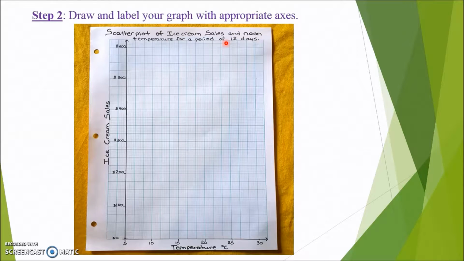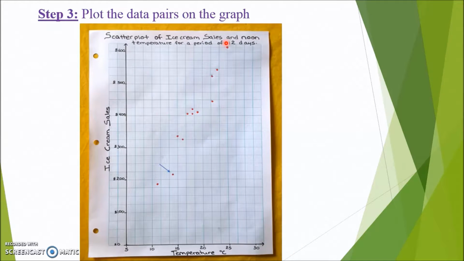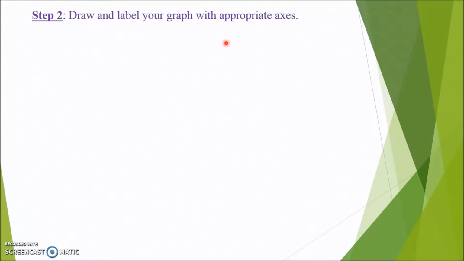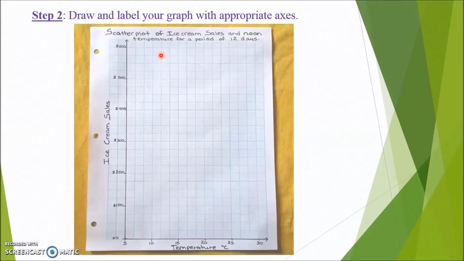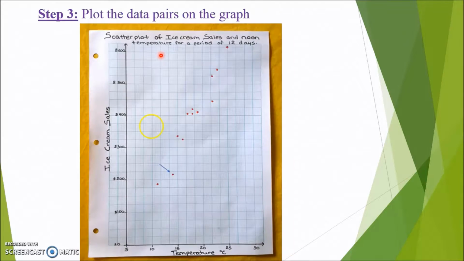Let's move on to step 3. This is basically where you plot your data pairs. Now going back to the table, we can see that the first data pair is temperature 14. So you would go on your graph and locate that on your x-axis, which will be here.